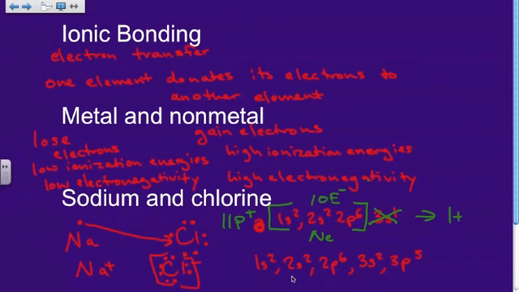If we look at our chlorine, we can see that if it gains 1 more electron, it now has a configuration similar to argon.